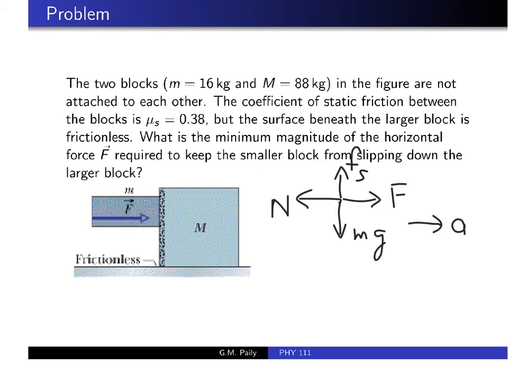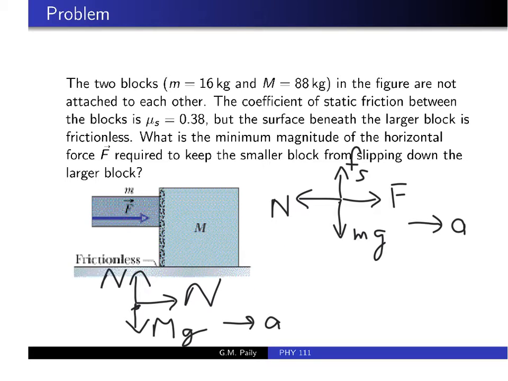What about the free body diagram for the larger block? This is the free body diagram for the larger block. We have the weight of the block. We have the normal force from the table to the block. And we have the normal force from the little block to the block. This normal force and this normal force are action-reaction pairs.